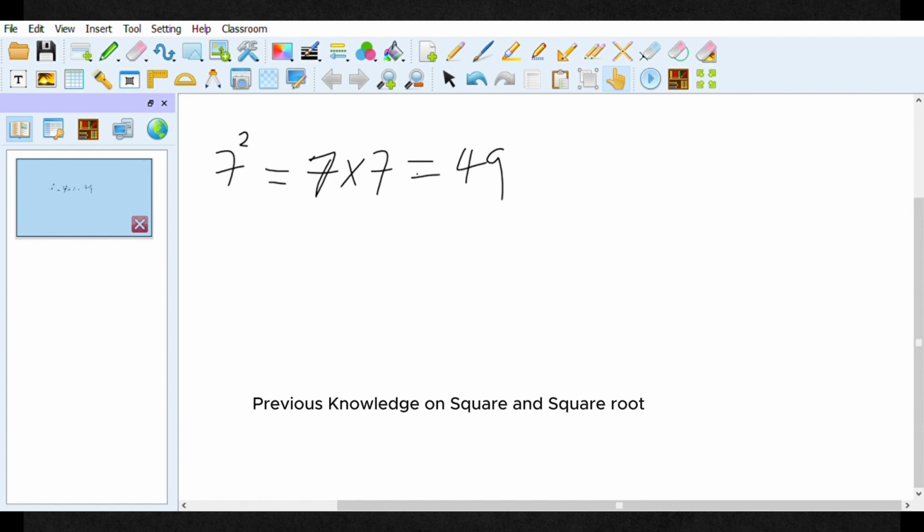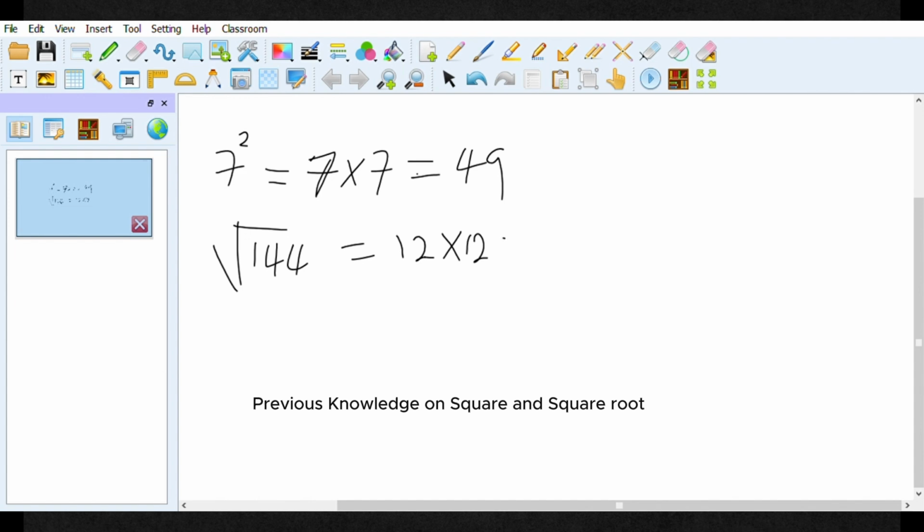We also talked about square root. So we said the square root of a number is that number that multiplies itself to give us the number in question. Let's take, for instance, 144. Find the square root of 144. From the last class, you should know that this is the symbol for square root. So we're looking for the square root of 144.